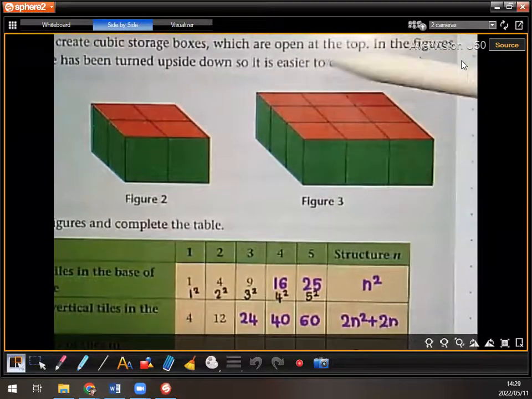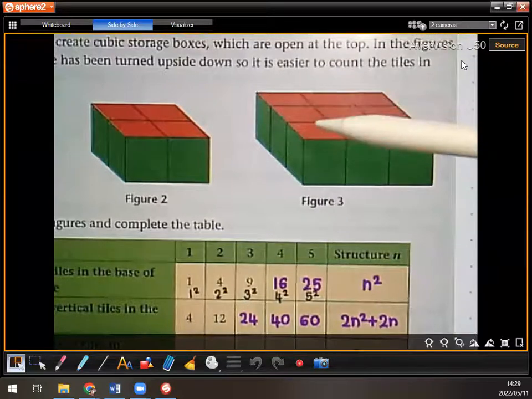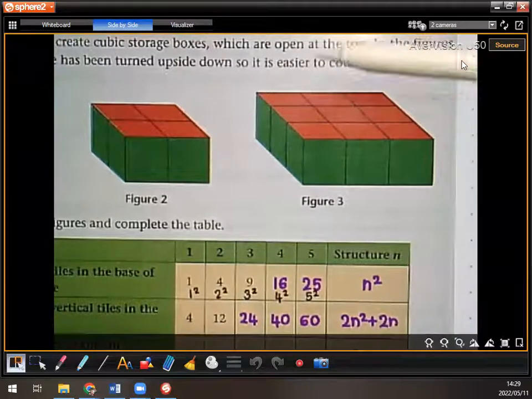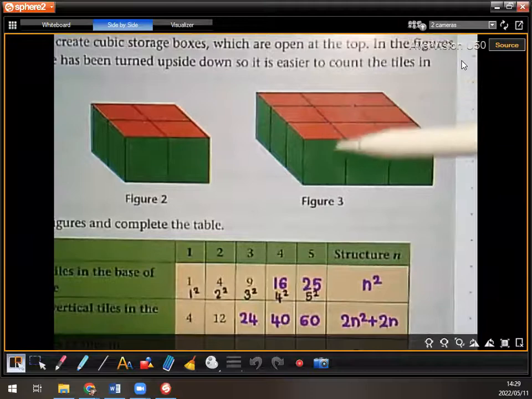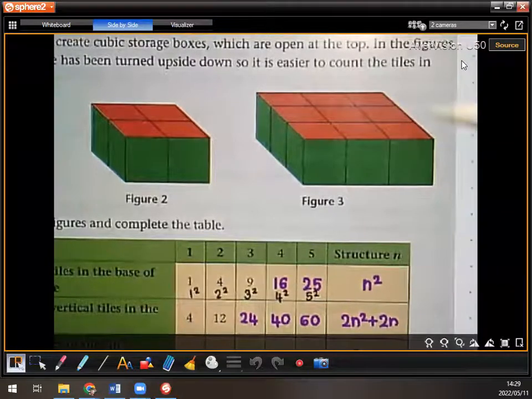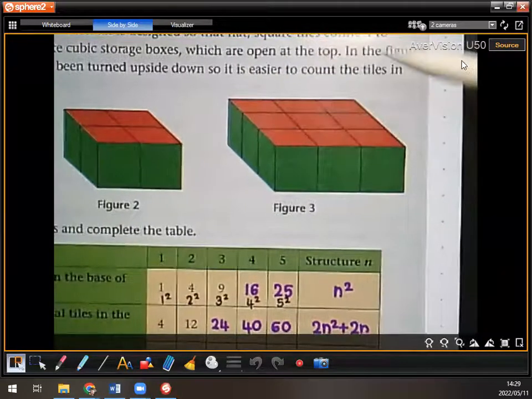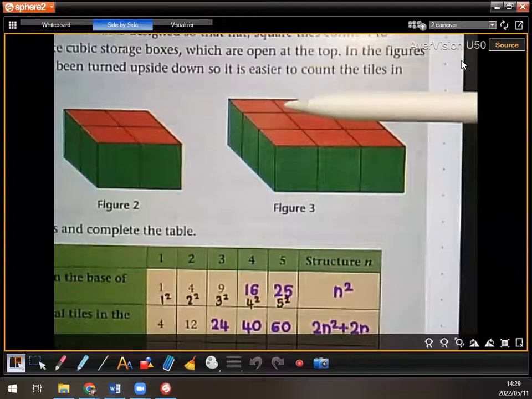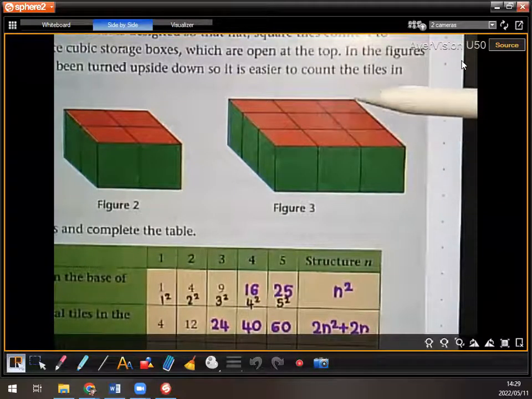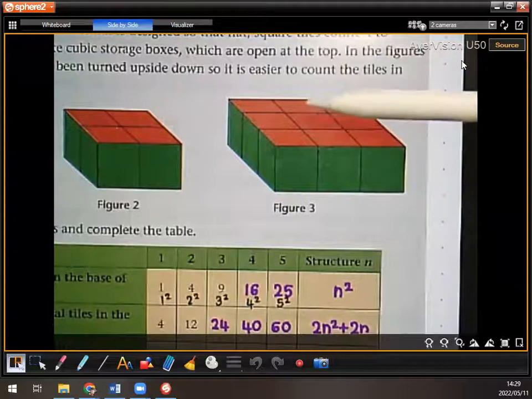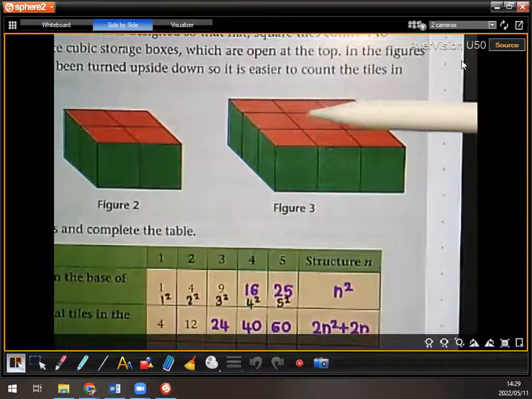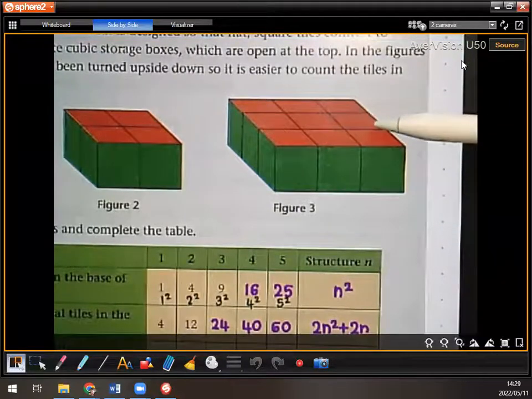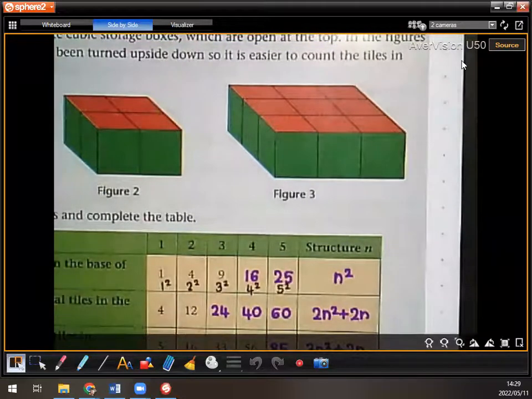So we actually have 12 tiles going around the shape. Then I decided to count down first and then across, so that I don't miss out on anything. So we're on 12. Then we have 13, 14, 15, 16, 17, 18, 19, 20, 21, 22, 23, 24. Yes? So that is where I got that 24 from.